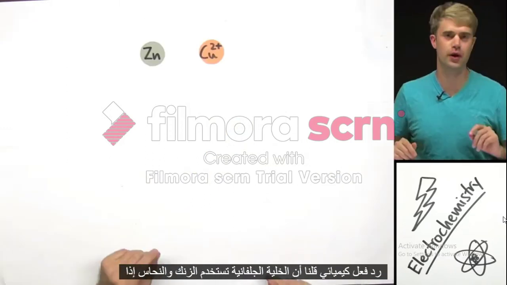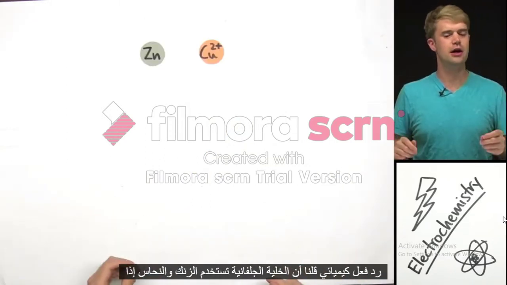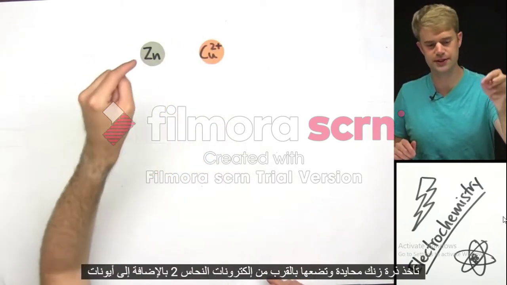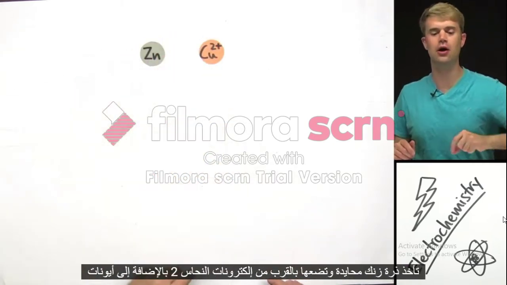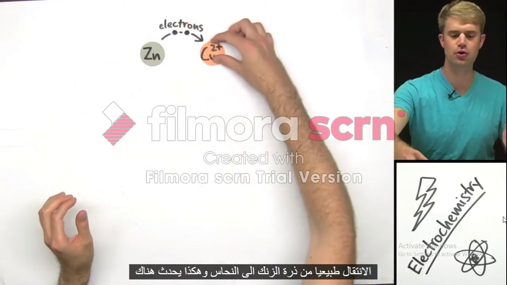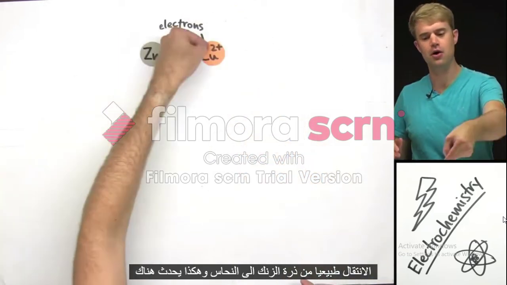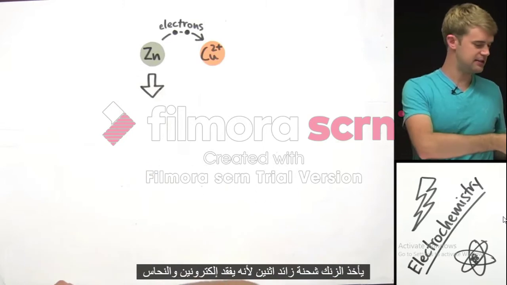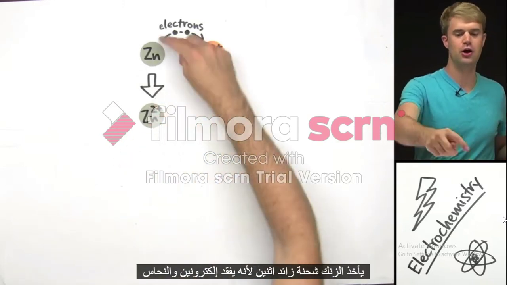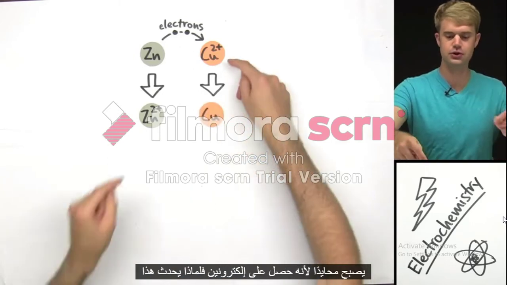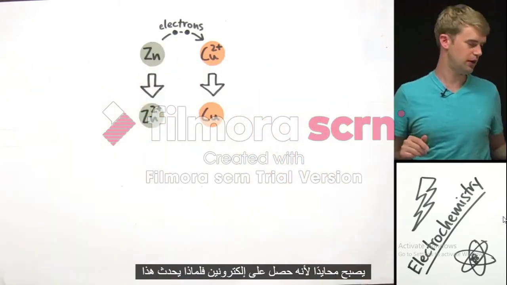So here's a chemical reaction. We said that galvanic cell used zinc and copper. If you take a neutral zinc atom and put it near a copper 2+ ion, electrons naturally move from the zinc atom to the copper. What happens there is the zinc takes on a 2+ charge because it loses 2 electrons, and the copper becomes neutral because it gained 2 electrons.